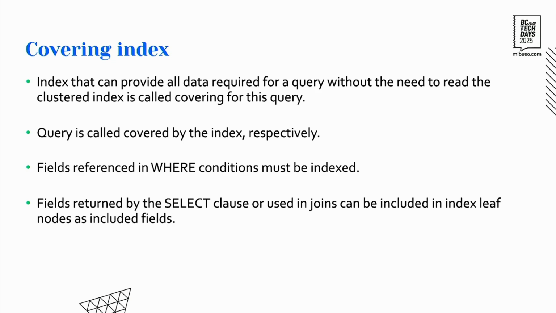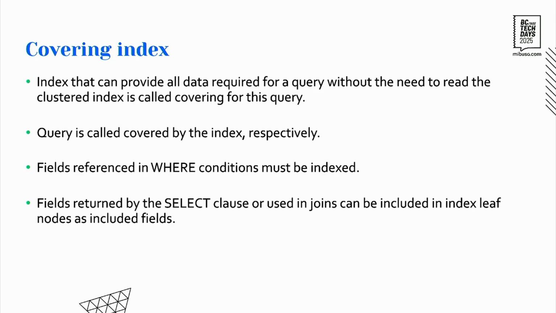As we will show now in a couple of examples, when we plan a covering index, we can look at the structure of our code and the resulting query. Those fields that we will be filtering on and that will be present in the where clause of the query should be indexed, present in the B-tree structure, while everything else, basically all the selected fields present in the select clause, can be added as included fields.